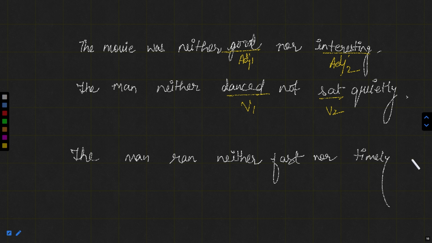Okay, so here we have used adverbs. Okay, two adverbs that we have used. This is adverb one and this is adverb two, which we are using after neither nor.